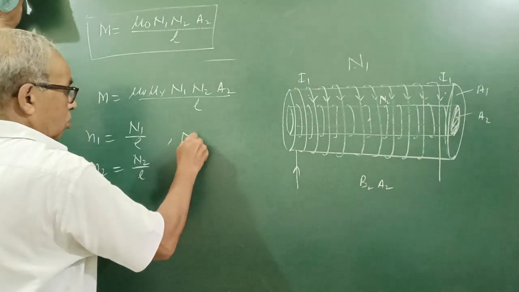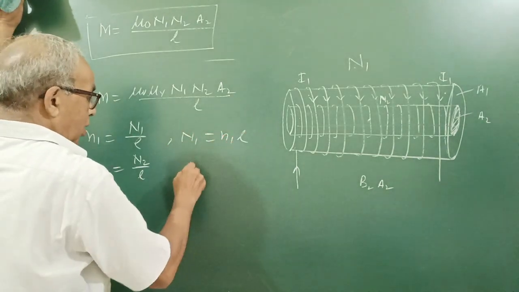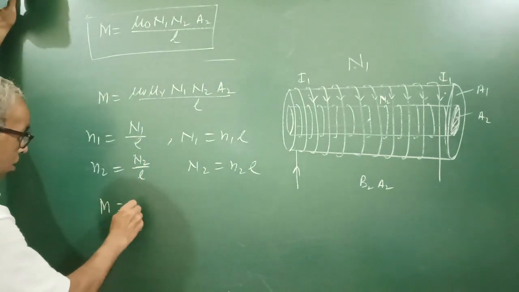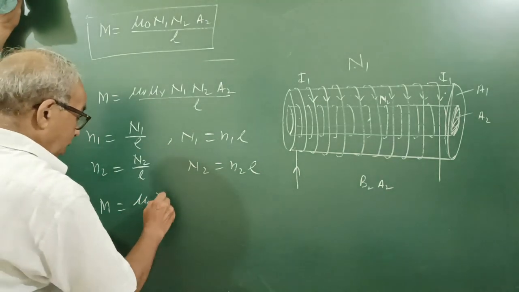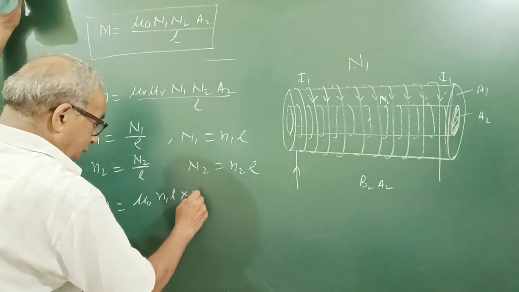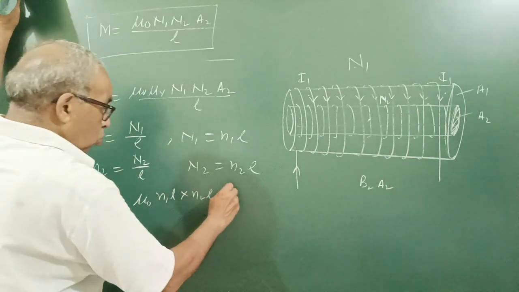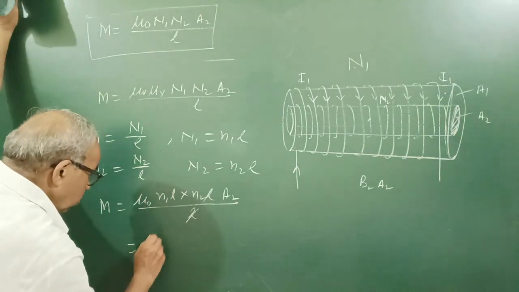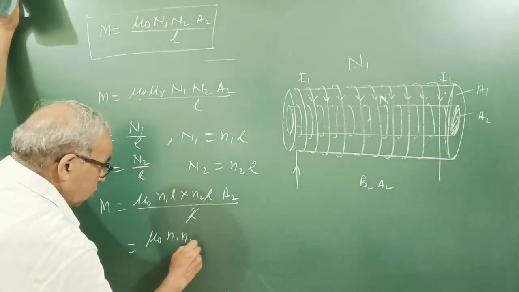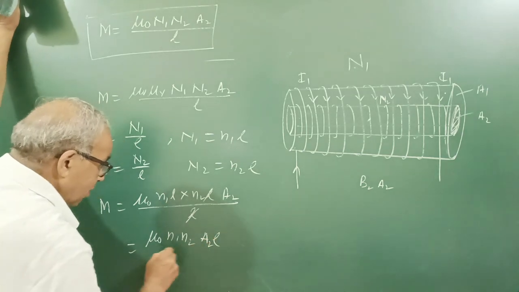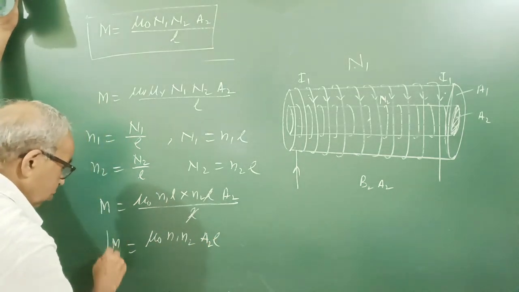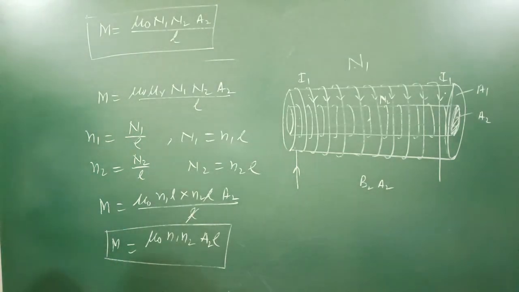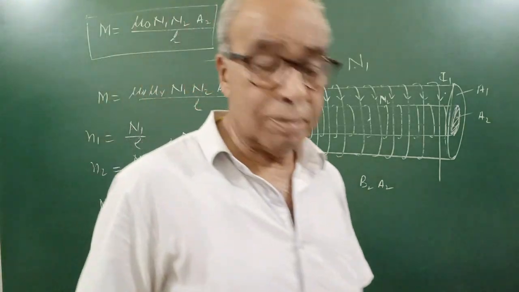Then N1 is equal to n1 into L, N2 is equal to n2 into L. So M will be mu 0 n1 L into n2 L into A2 upon L. This L cancels, so we will get mu 0 n1 n2 A2 L. This will be the mutual inductance of two solenoids in terms of number of turns per length.